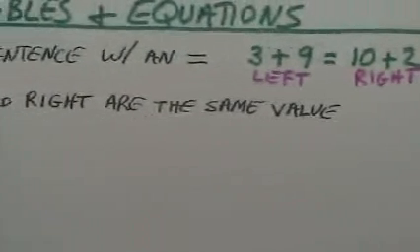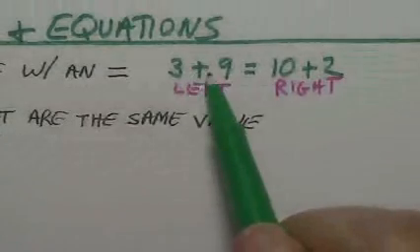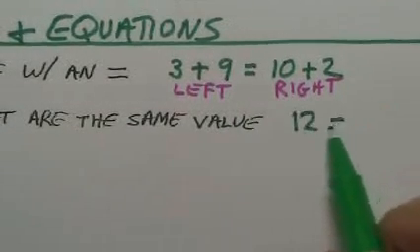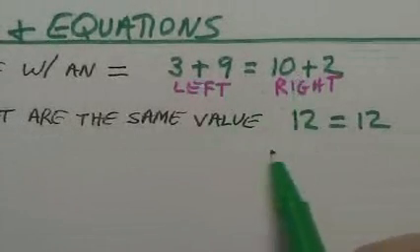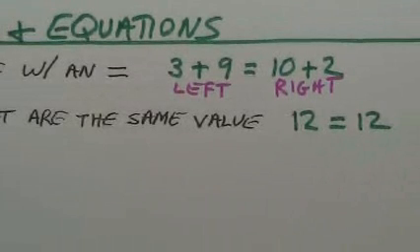If we look at the example above us, notice that the left side is 12 and the right side is 12. If you have 12 equals 12, then that is true. This equation is true. The left side equals the right side.